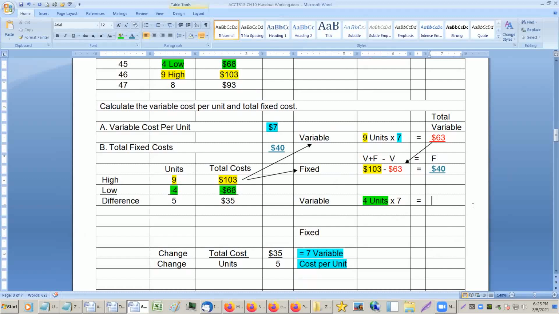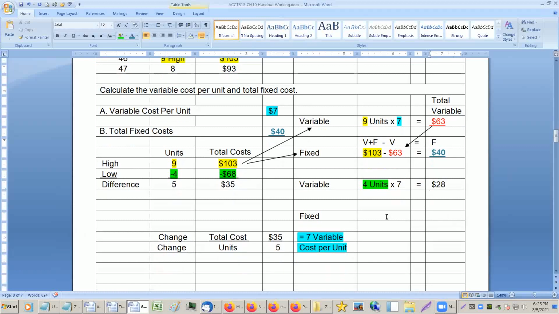It's 28. So it's a total variable cost. And the fixed cost would be 68, variable and fixed, minus the 28, which is the variable amount. And then we go 40.